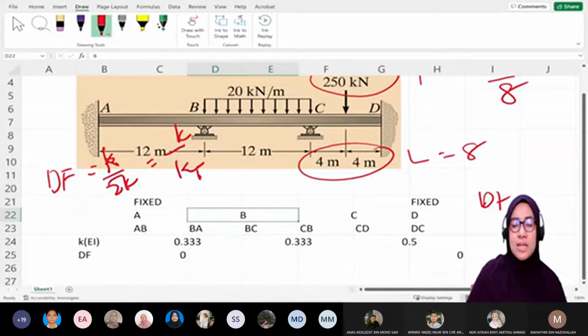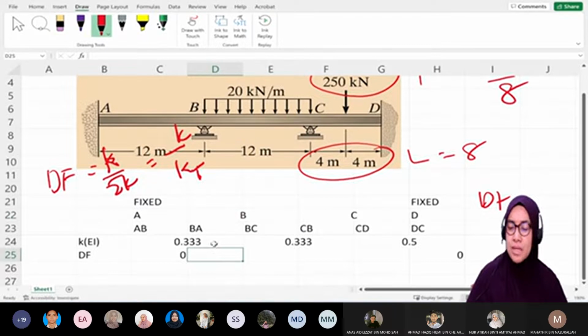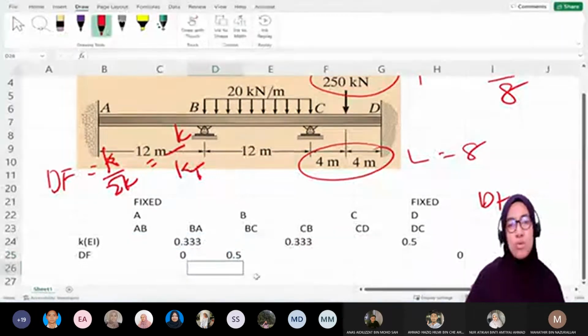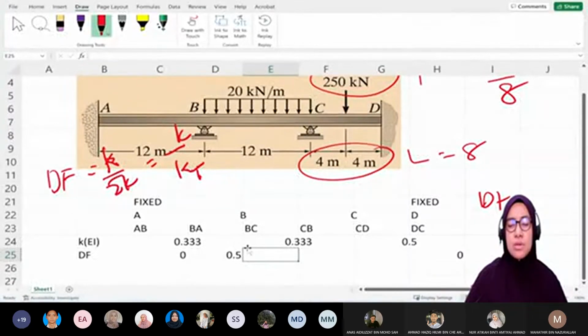So to calculate distribution factor for BA, it is K 0.333 divide by total K. Total K is 0.333 plus another 0.333 for member BC. Okay, for member BC, we get 0.5. Okay, 0.5.